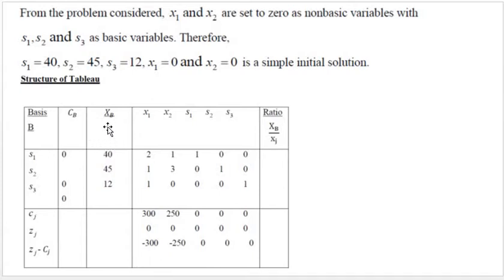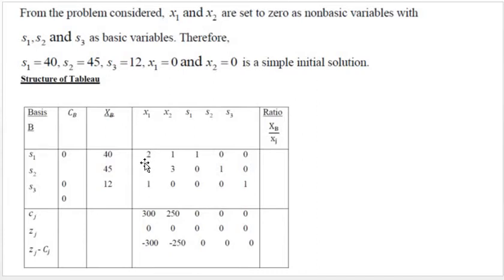Corresponding to S1, S2, S3, the initial basic solution is given by S1 equal to 40, S2 equal to 45, S3 equal to 12. So the basic solution, or initial solution, is given here in this column, corresponding to the constraints in the LPP.